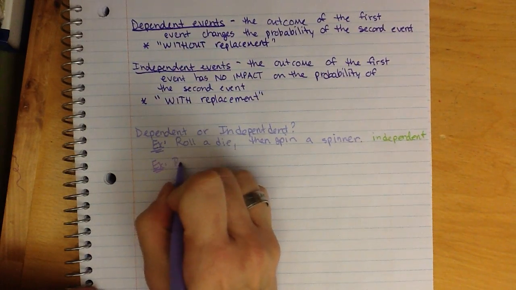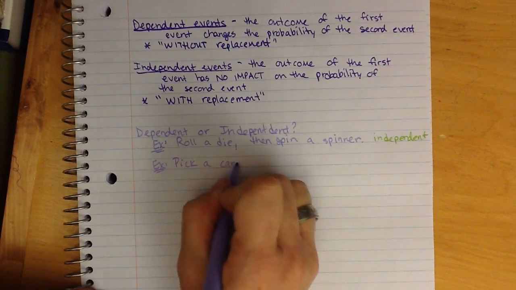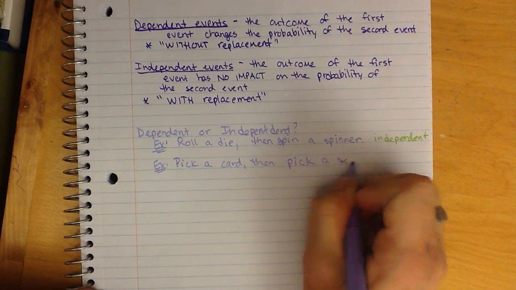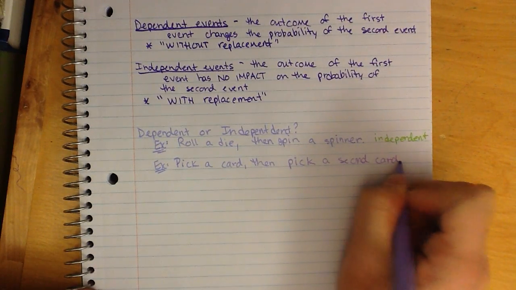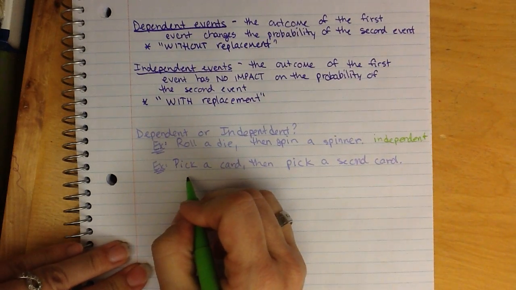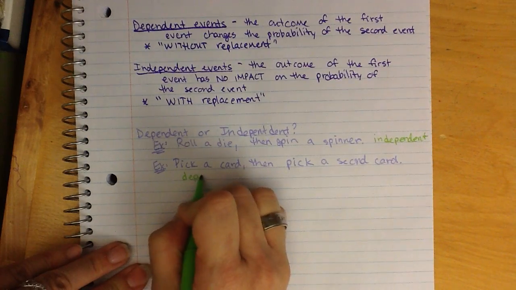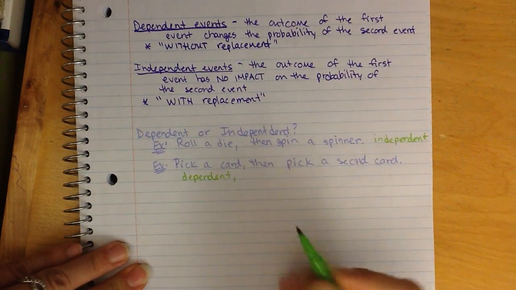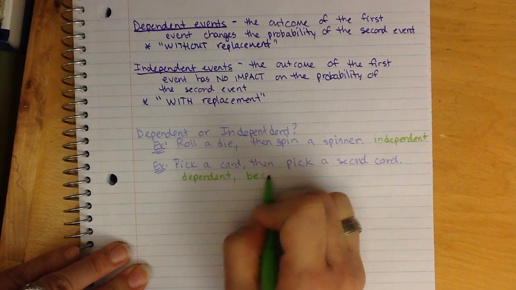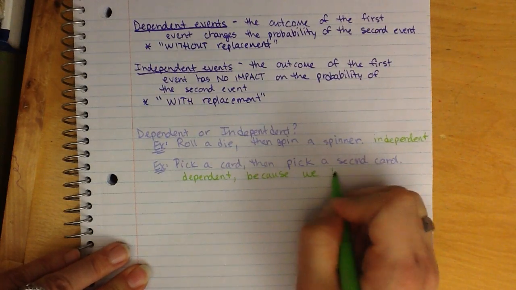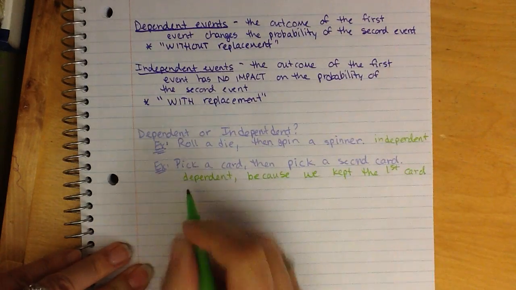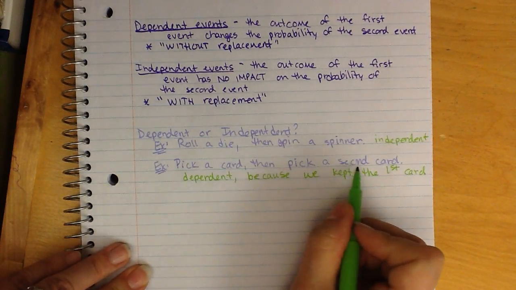What if I pick a card, then pick a second card? Well, I would consider these to be dependent because it does not say we're putting the first card back, so it's dependent because we kept the first card, since it says we pick a second card.